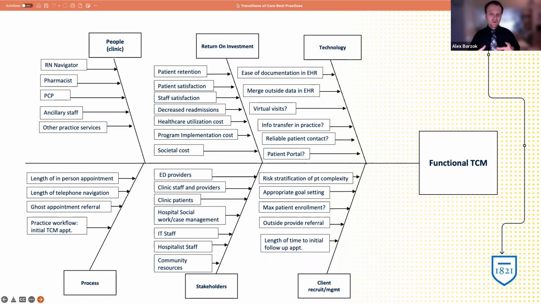This is a little bit more of a broken down chunk of that process, so that we can begin to look at inefficiencies within the process, that we can begin to look at transition points within that process, and different things that you need to consider that make up this entire process of transitions of care, and that you need to account for whenever you're evaluating your program or evaluating your process. So a lot of mini processes go into the larger full process that we saw on the previous slide.